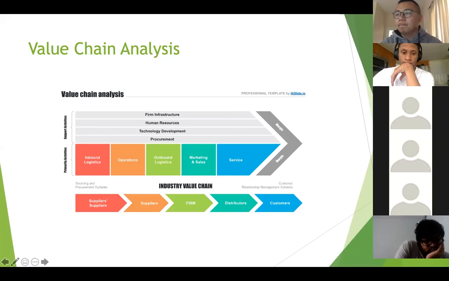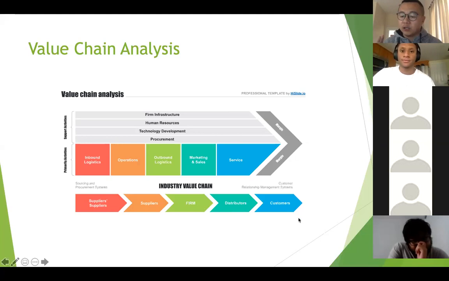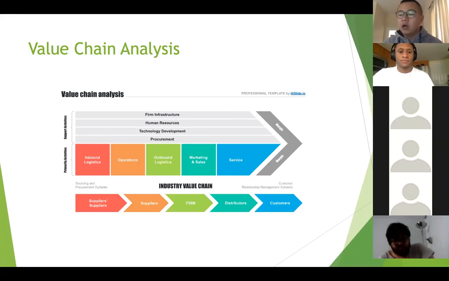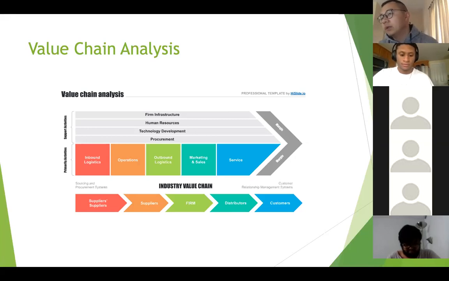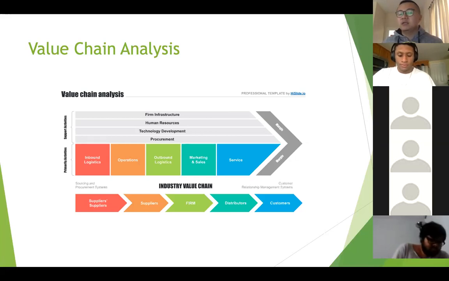Here, the industry value chain is about where you are in the whole industry chain, and you need to know how many parties in the whole chain you need to cooperate with. You cannot lack anyone from the chain. If you don't have the steel, you don't have the parts, you cannot make the car, right? So you need to have the whole picture of the industry. That's the meaning of the industry value chain.